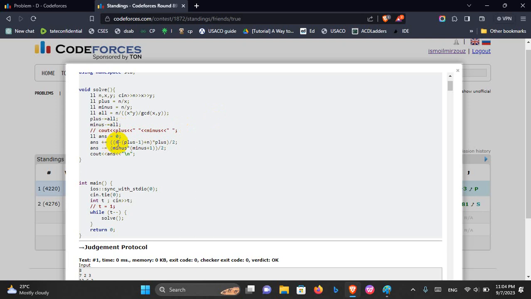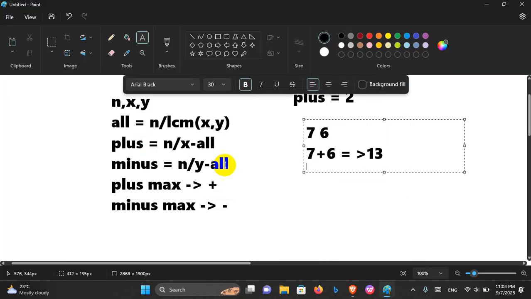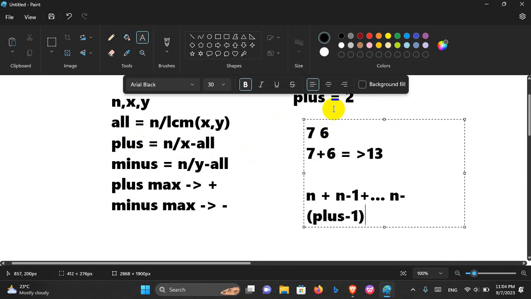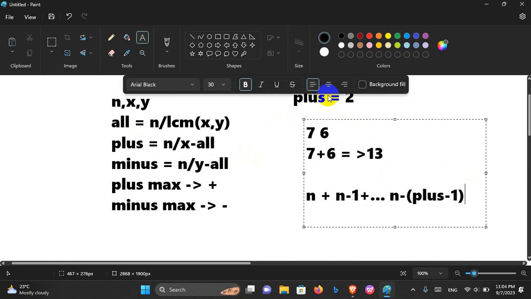To derive it, we can say the sequence starts from n, then n minus 1, and continues till n minus plus minus 1. As you can see in our example, plus minus 1 is 1, so it goes 7 and 6. So this goes until we get n minus plus minus 1.